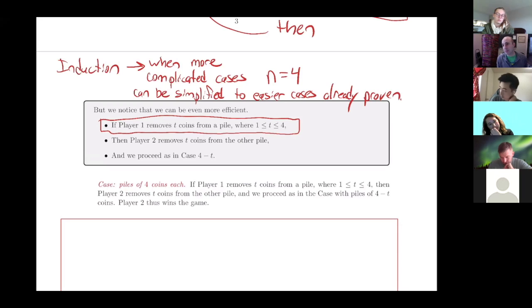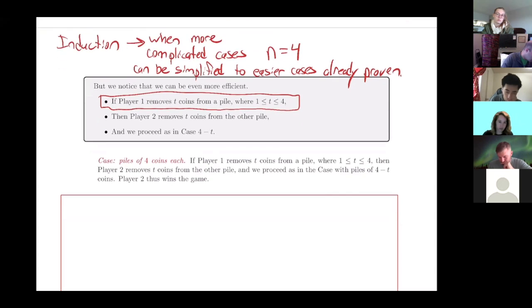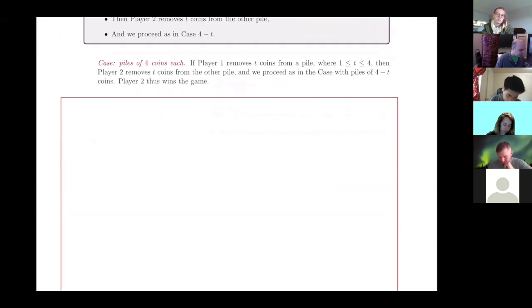So we can take a complicated situation and show that it is no different than a more simplified version, which we've already proven. Then the induction is going to have some possibility of working out.